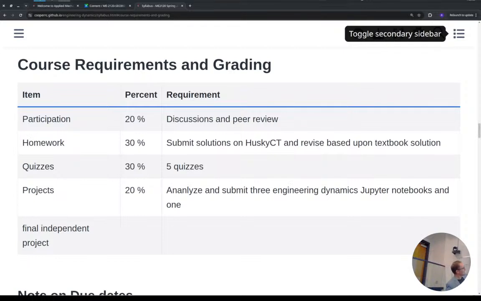All right, and then homeworks and quizzes, we were just talking about those. We'll build the quizzes together, but you'll do them on your own. Homework, we'll kind of do that together in class. Projects, we'll do a lot of the startup of the project, but there's always questions like why did this work, or how would you change it, or what did you learn, and that kind of stuff.